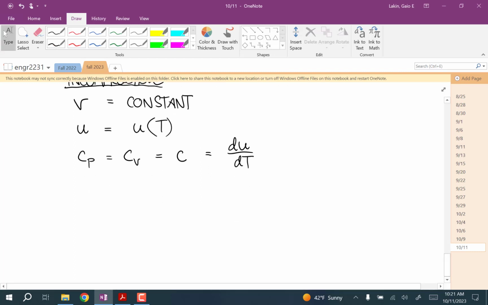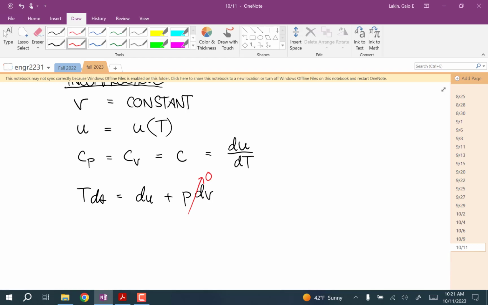Okay, so let's think about the first TdS equation. Remember, in any application, you're probably just going to use one of these two. It says TdS is equal to du plus P dV. What do we know about this stuff? Well, we know that this term is going to go to 0 because V isn't changing. dV is a change in V, and there's no change in V, so that's 0.